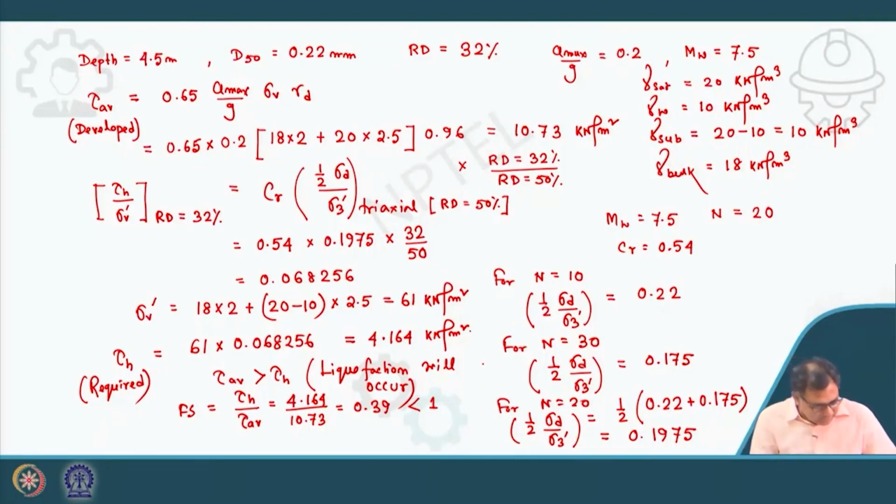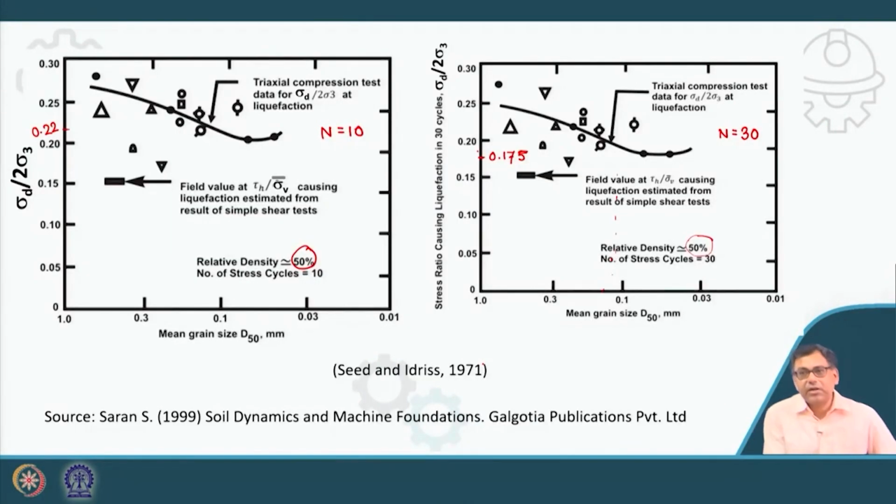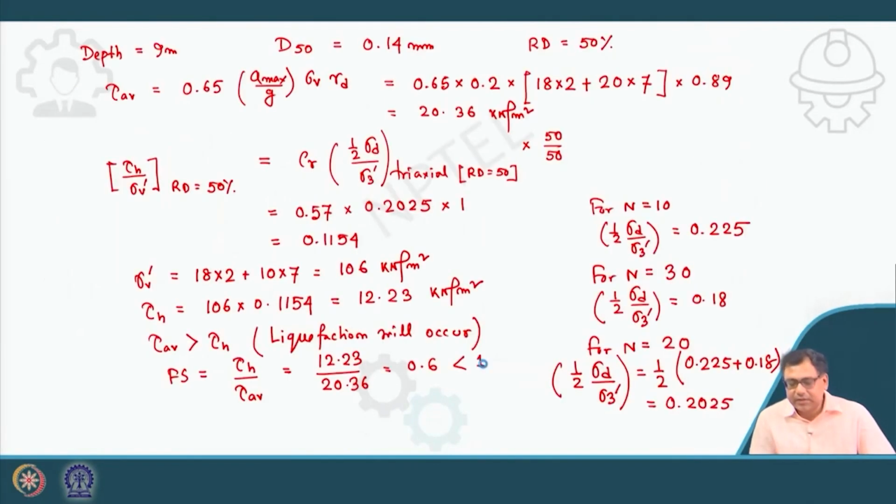But this check that I have discussed is based on laboratory test data, and laboratory tests have some limitations, because here everything is given in terms of relative density only.